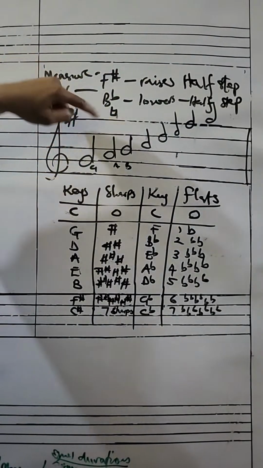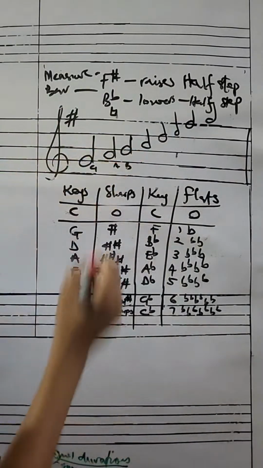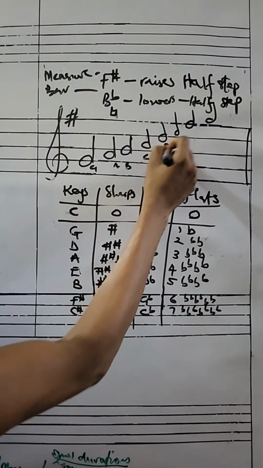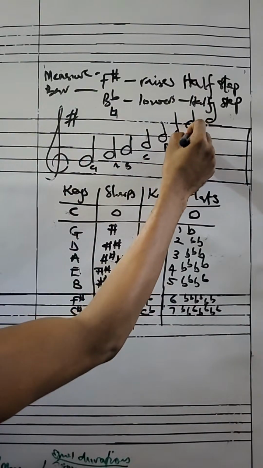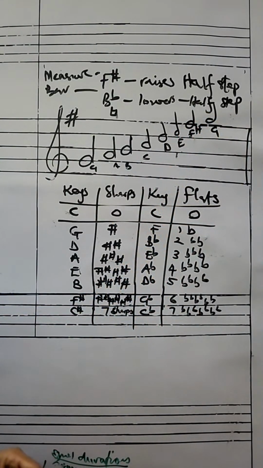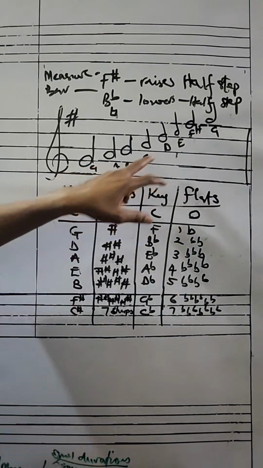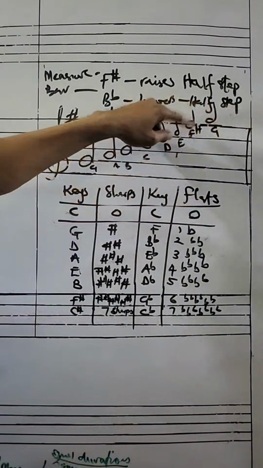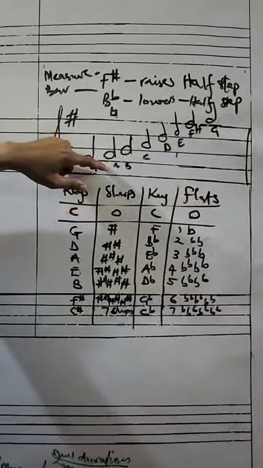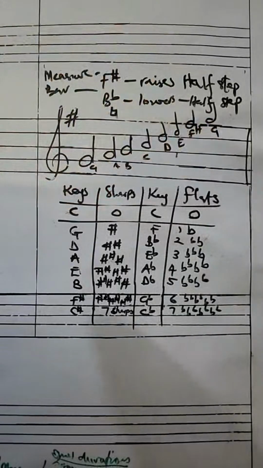So know that what you are supposed to have here is G, A, B, C, D, E, F sharp, and then G. So the scale of G is G, A, B, C, D, E, F sharp, and then G. And I want to give you another shortcut, but shortcut is not always good.